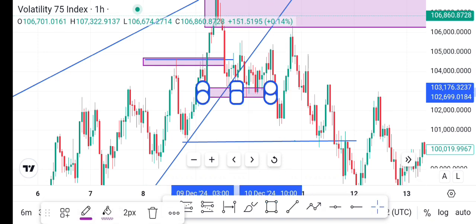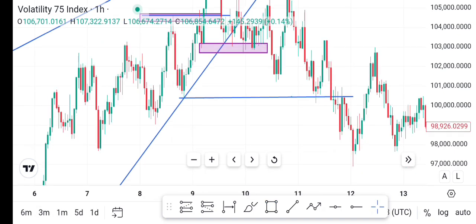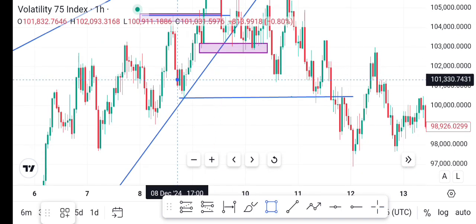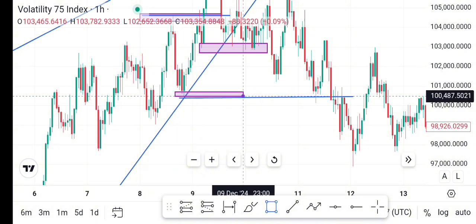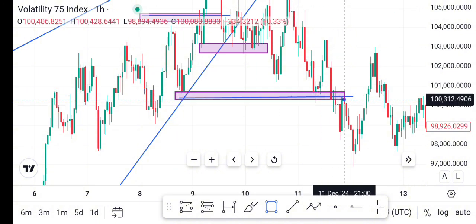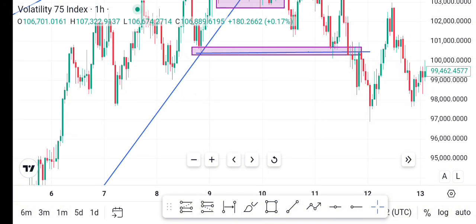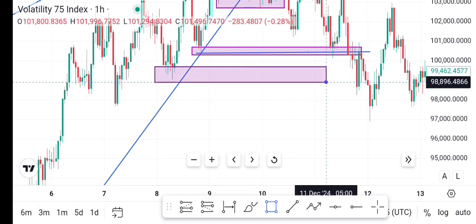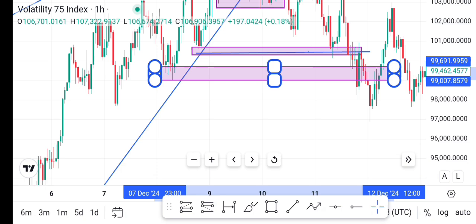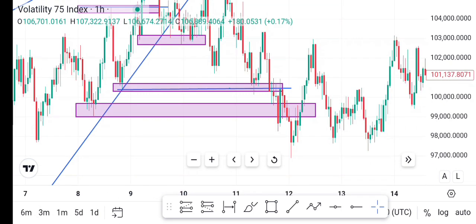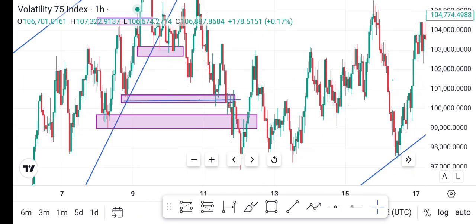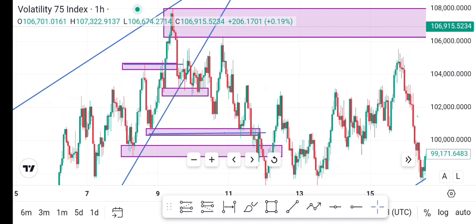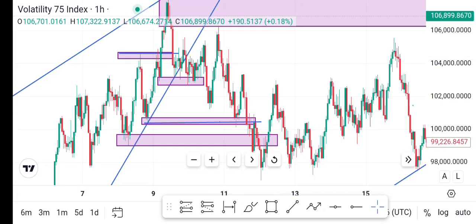You can see that this low here was disrespected, and also this low here was taken out, disrespected. Do you see? This was a signal showing us that the market has now changed. Also this low here was disrespected. So this was enough signal to tell us that the market is now going down. What we have to do now is look for the opportunity.